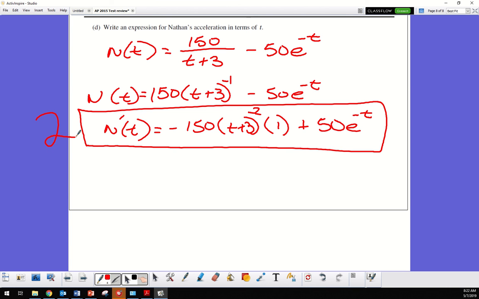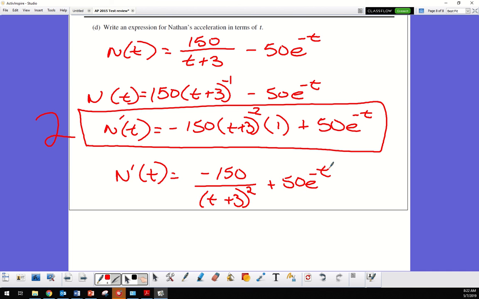So if I rewrite this, N prime of t is equal to negative 150 over t plus 3 to the positive 2, plus 50 e to the negative t. If you simplified it down to that, great. But if you left it at the previous step, you would be fine.